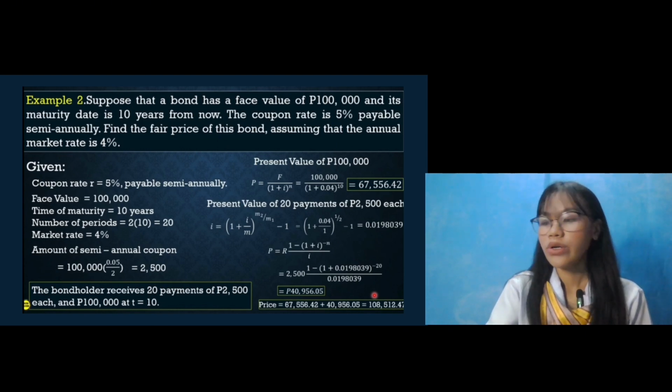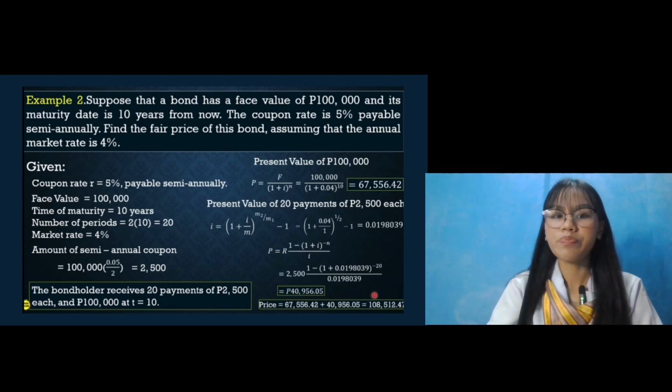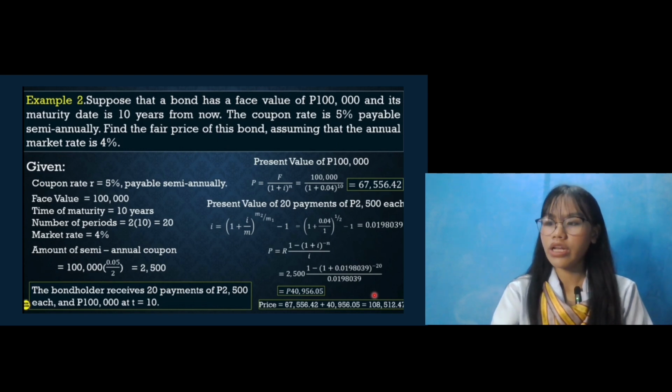So if you solve, I will teach you on how you will solve it. So first, solve it from the inside of the parenthesis first. And of course, after that, just raise it to -20.